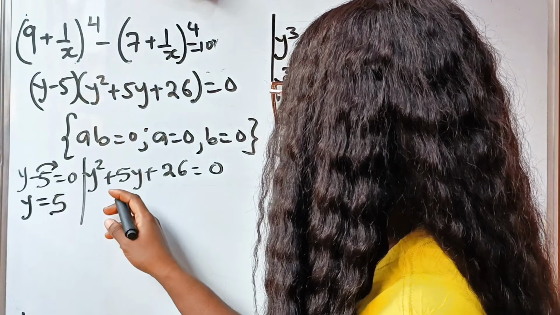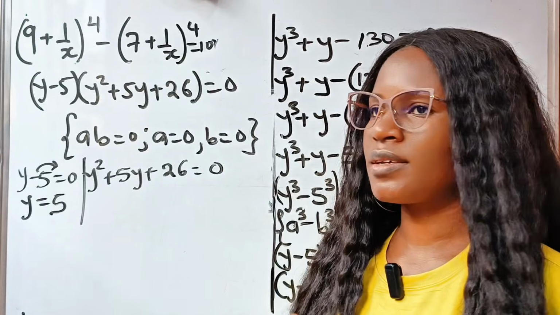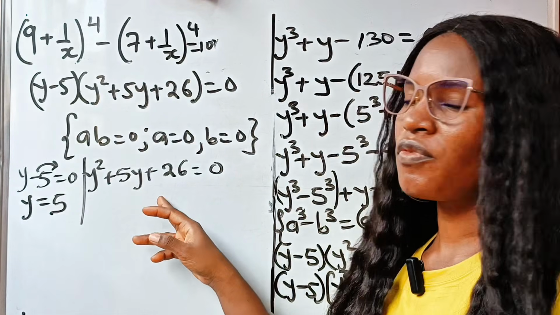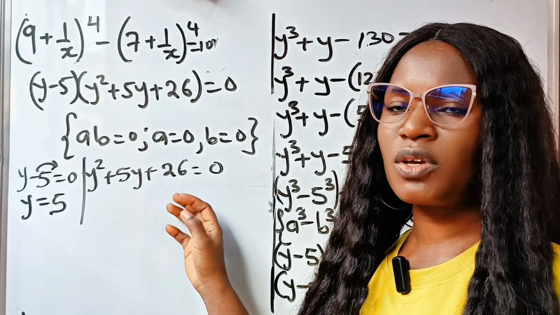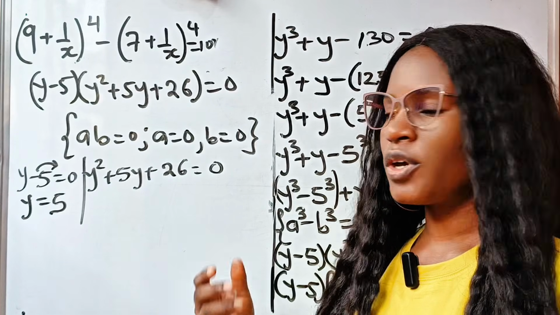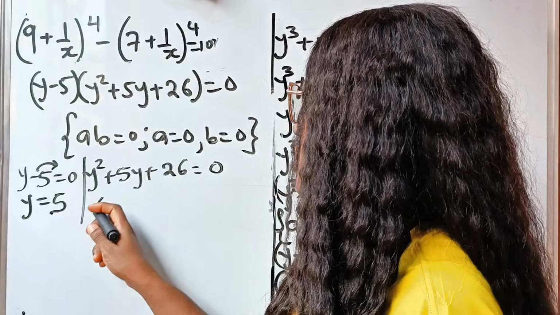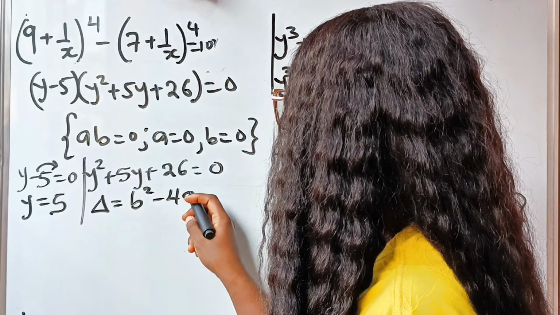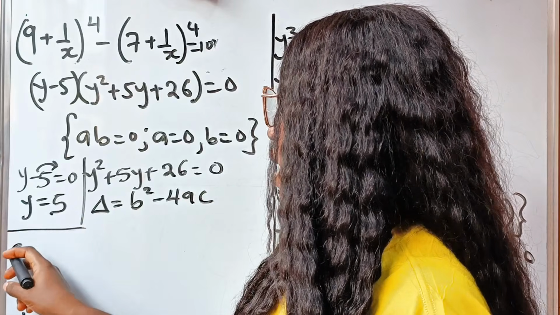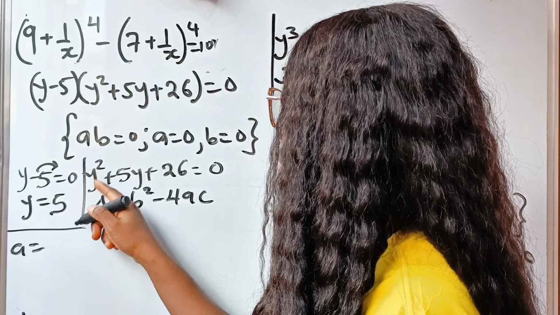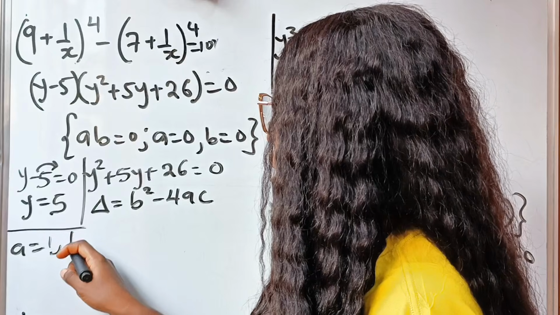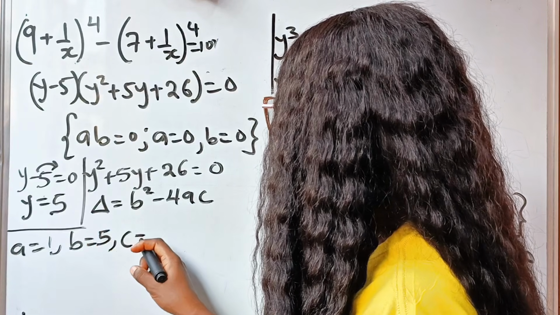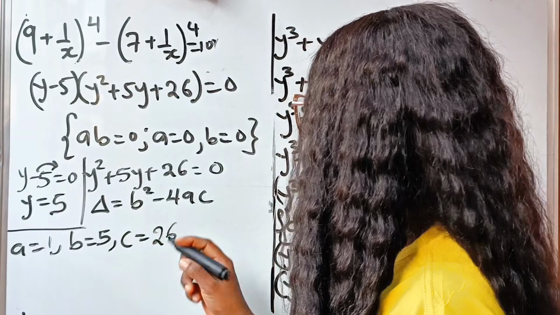All right, then for this side, remember that we are told that x is real. So we need to check if we can get a real solution from this side, being that it is a quadratic equation. To do that, we need to get the discriminant, which is b squared minus 4ac. Now our a from here is the coefficient of y squared, which is 1. Our b is the coefficient of y, which is 5. Our c is our constant, which is 26.